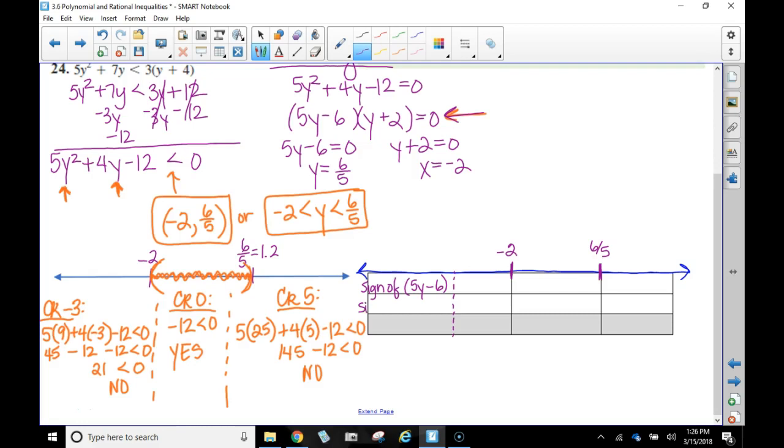And also, what is going to be the sign of the factor y plus 2? Is it positive or negative? That's all I'm asking for each of these 3 chunks. And then I'm going to see where the 5y minus 6 times y plus 2 comes out to be less than 0.